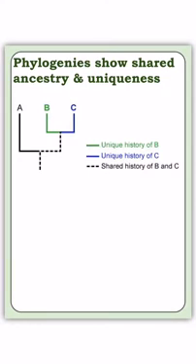Phylogenies show shared ancestry and uniqueness. Phylogenies trace patterns of shared ancestry between lineages. Each lineage has a part of its history that is unique to it alone, and parts that are shared with other lineages. So they've already got these color-coded for us.